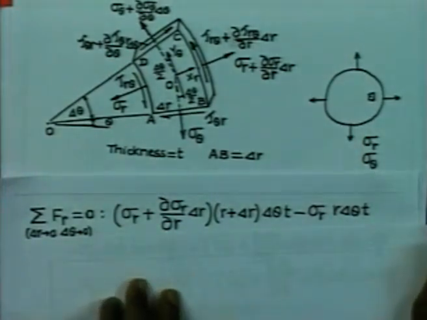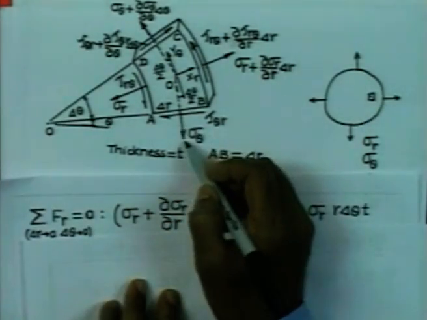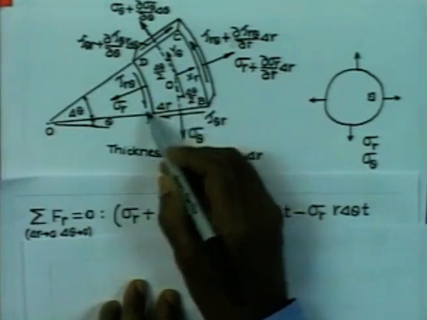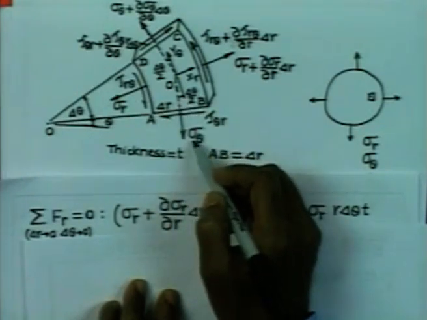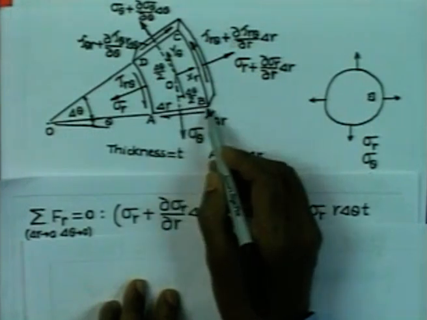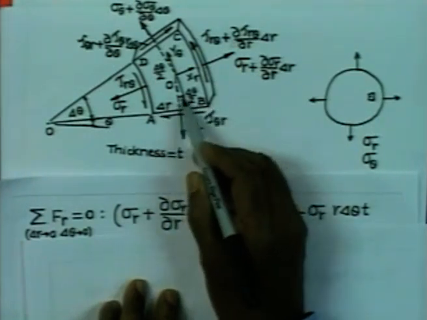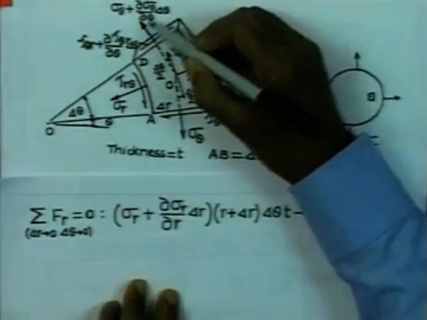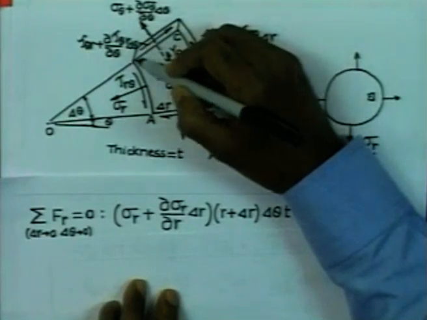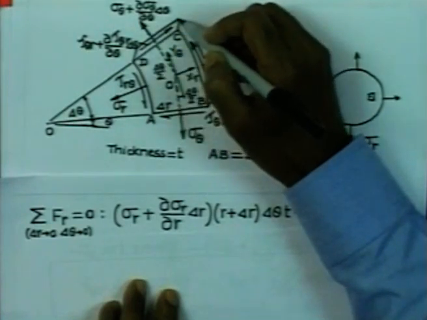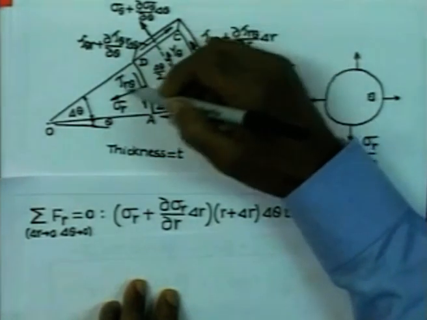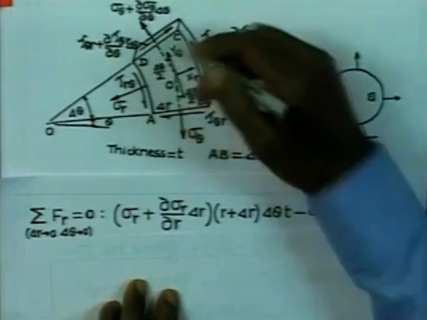Now, you are going to get also this sigma theta acting in this direction, which is going to also give a component in the radial direction. So, that will be sigma theta acting on this area which is delta r into t, and its sine component, sine delta theta by 2, will be in the radial direction. Similarly, this stress acting on the area delta r into t will give us a component in the radial direction.